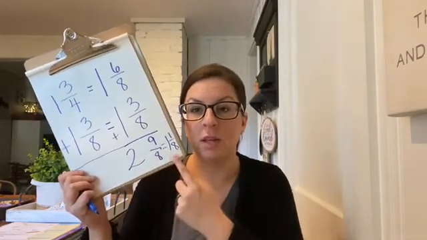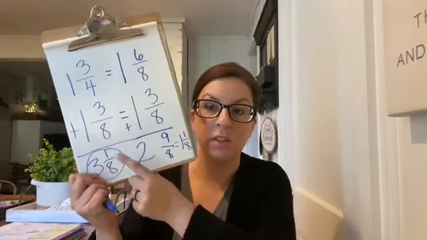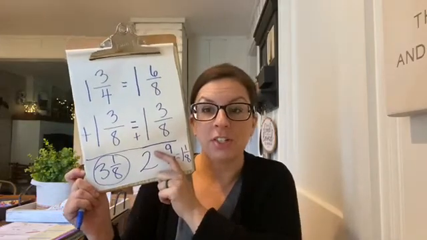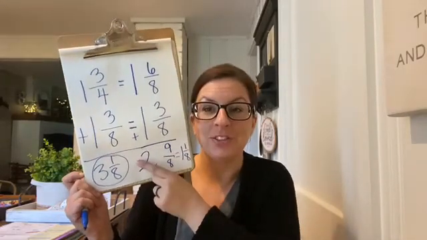So 2 and 1 and 1/8 is 3 and 1/8. Okay, in this instance, we're not going to have to reduce the fraction because that's as small as it can get. So 1 3/4 plus 1 3/8 is 3 1/8. Okay, so total he has 3 1/8 dried bananas and raisins.